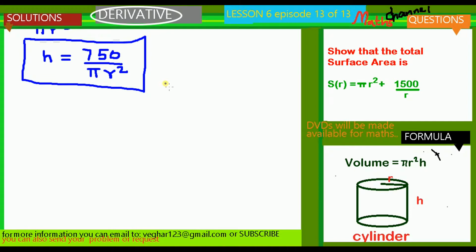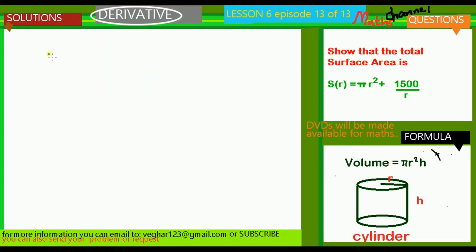So what we have to show, you have to show that this is the area, the total area of the cylinder. So the total area of a cylinder, that means they are talking about all the components that combine to make the cylinder.